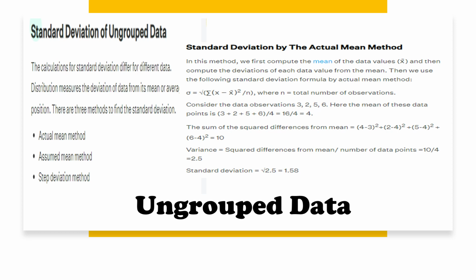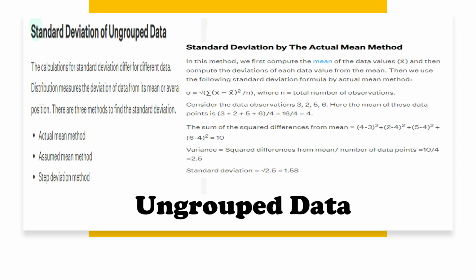Then we use the following standard deviation formula by the actual mean method. So this is the formula. The standard deviation is the square root of the summation of the samples minus the mean, to the second power, divided by n, where n is equal to the total number of observations.